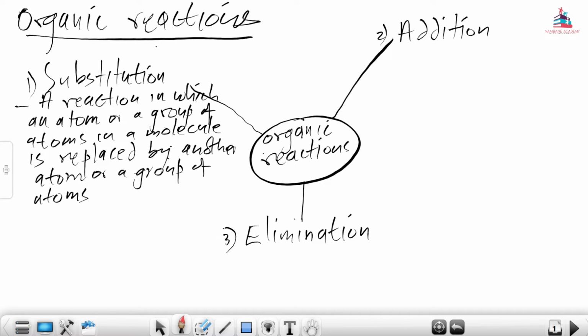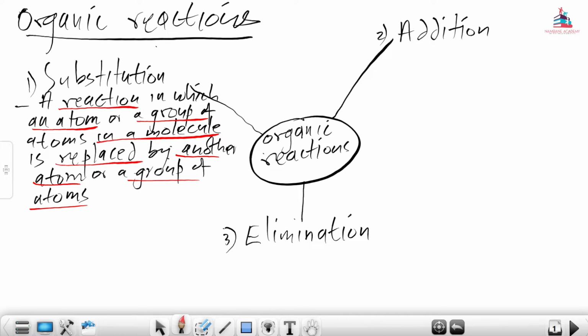Let's try and find a way of highlighting key points here. It is a reaction in which an atom or a group of atoms in a molecule is replaced. So it's a substitution. We are just replacing, we are not taking anything away from it, by another atom or a group of atoms. So what does this basically say?